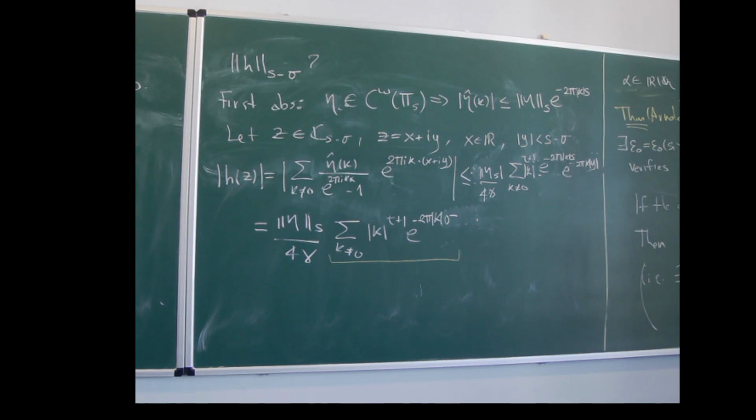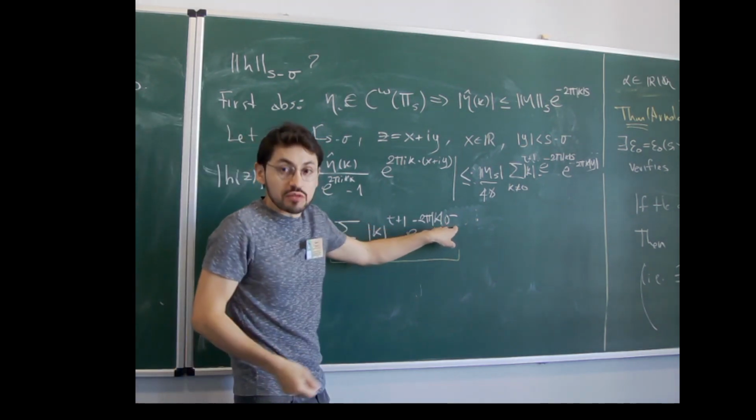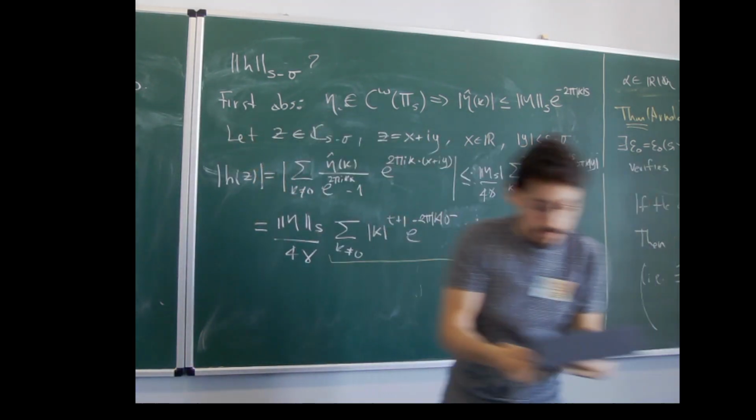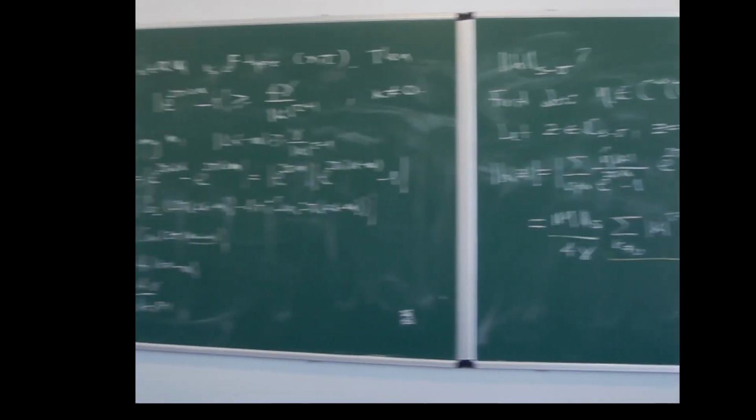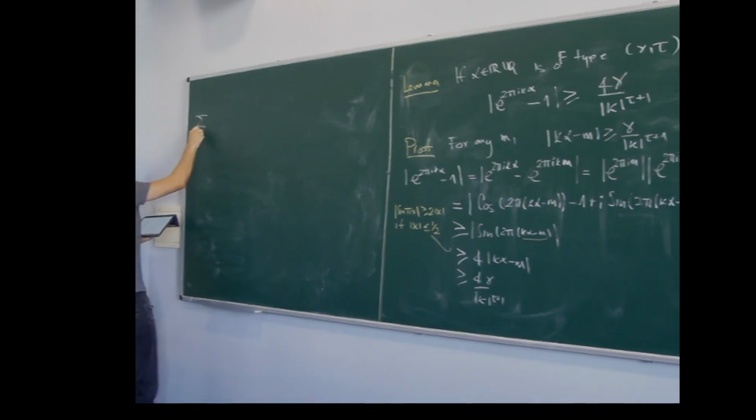So notice that this sum a priori depends on this sigma, and I want to make it disappear. I want to estimate this.